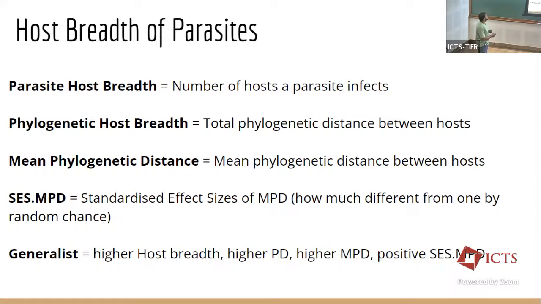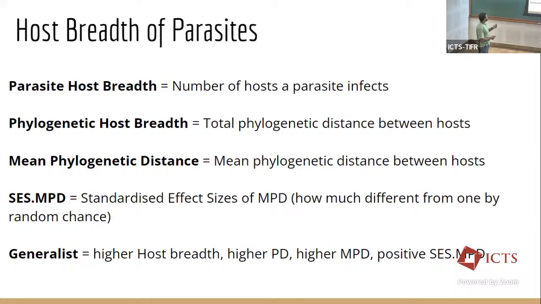But there is phylogenetic host breadth. That means I look at the total phylogenetic distance between all the hosts that it is infecting, and I take a summation of all that. If I have more distantly related hosts, then I have higher phylogenetic host breadth. The phylogenetic distance will be higher. If a lot of them are closely related, all pigeons, the overall summation will be less.